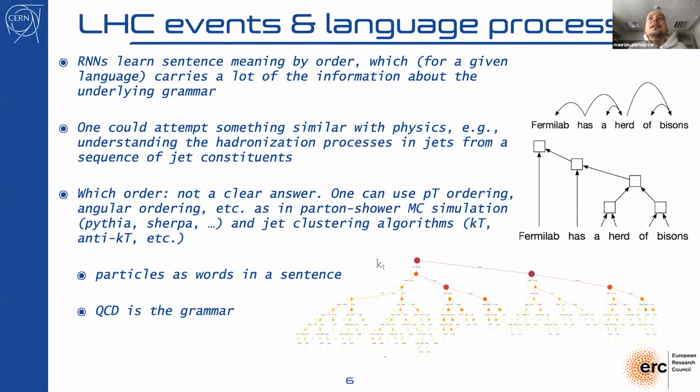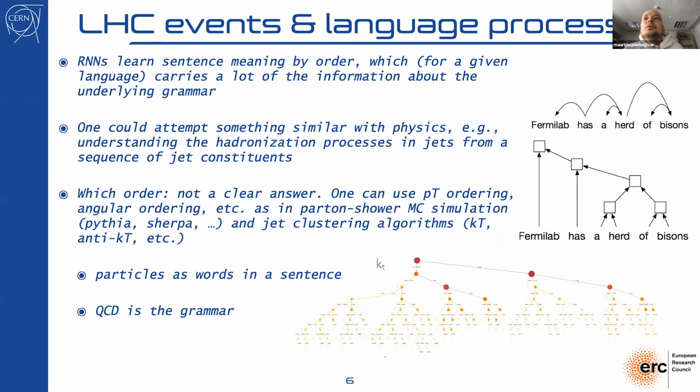So basically, by processing the sequence, you try to understand the meaning of the sentence, considering that the order came directly from the grammar. And you can draw the parallel thinking about jets, where if you have an ordered list of jet constituents, the underlying grammar is QCD, and you're trying to learn things about the jet based on that.